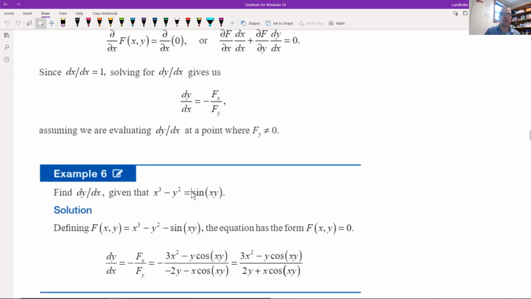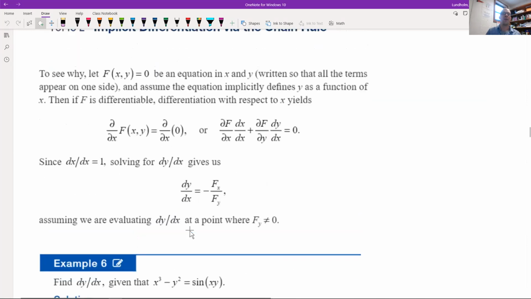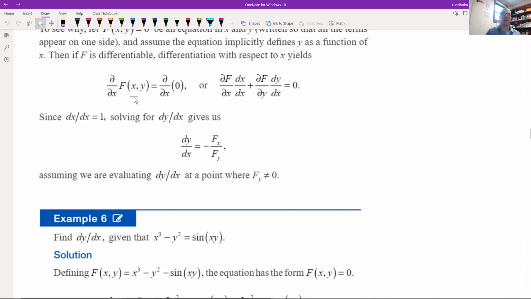So when we start off with this, we subtract sine of xy from both sides so that we can make a big old function, x cubed minus y squared minus sine of xy. So we're treating everything like it's a multivariable function of the variables that we have.